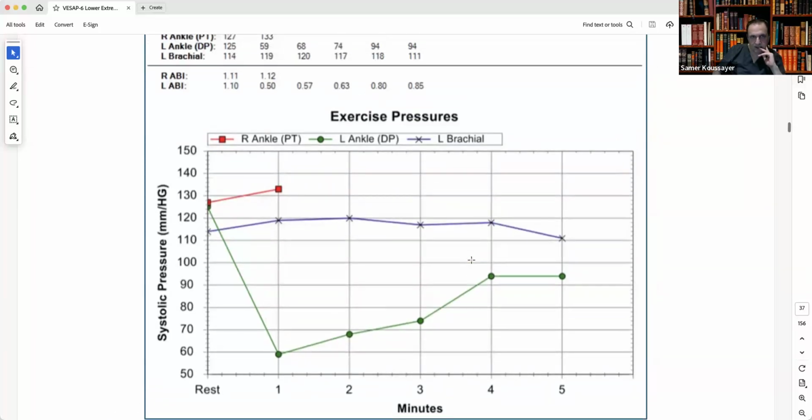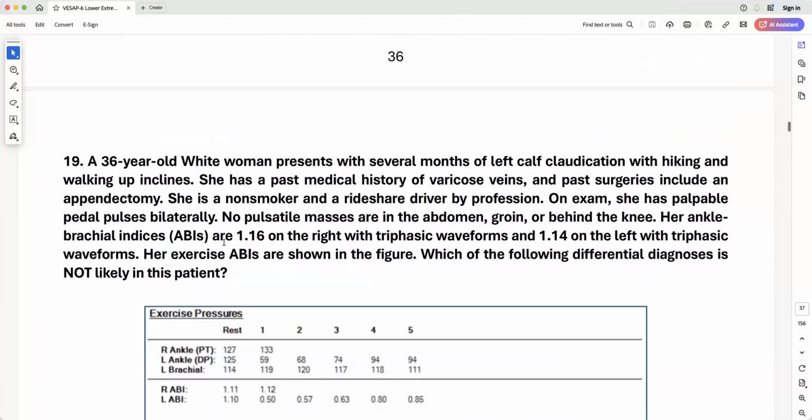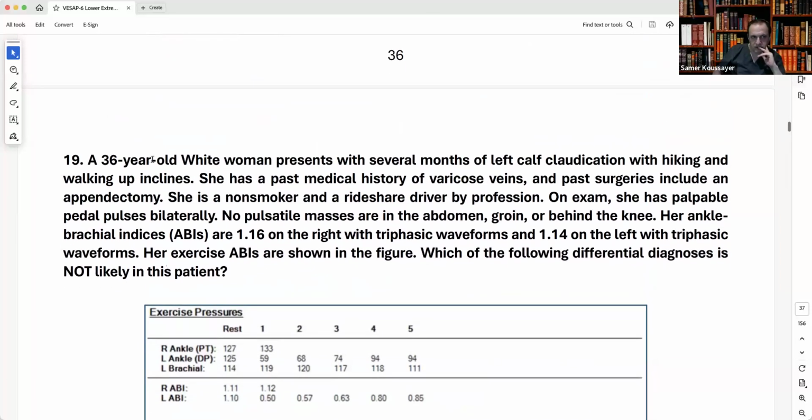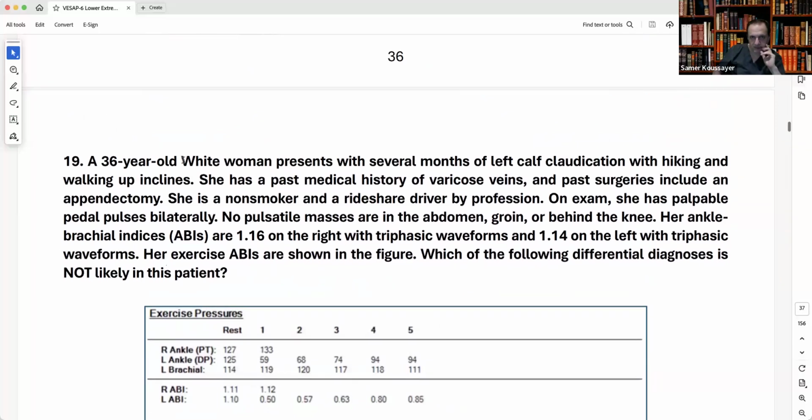Okay, so we go back to the question. She is 36 years old, so we are talking about a young woman, and she has left claudication with hiking and walking, but everything is normal.